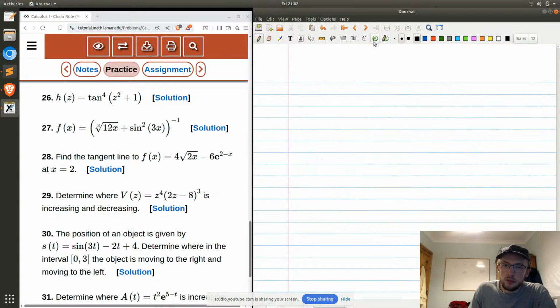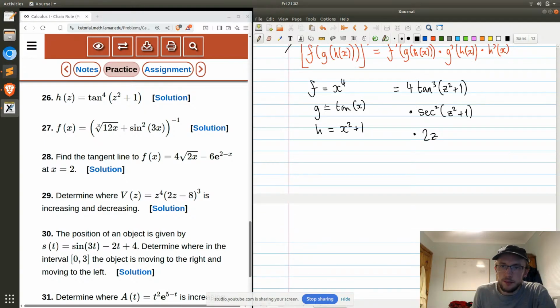So what would that look like? Need to make it look a little bit better than that, because that looks garbage. Sorry, it just does. Okay, so 8z tan cubed of (z squared plus 1) sec squared of (z squared plus 1).